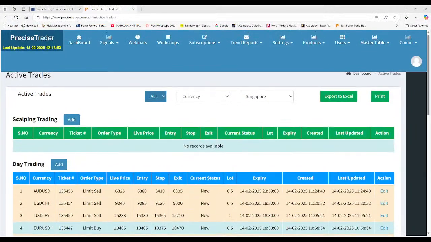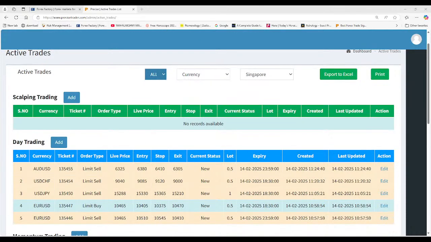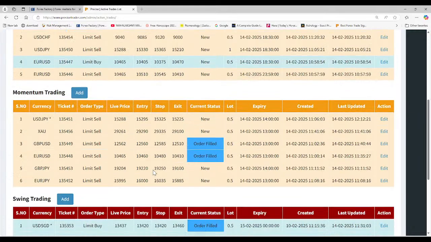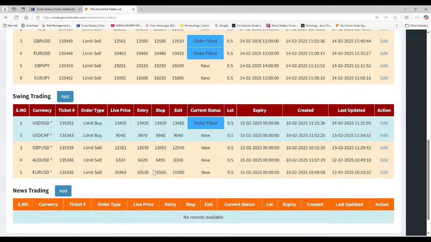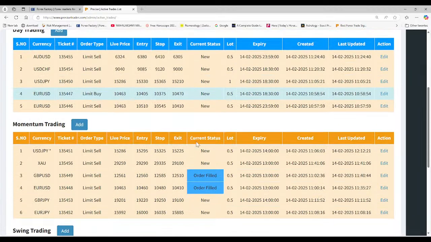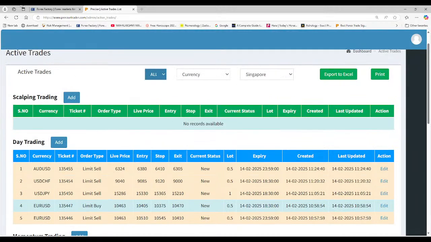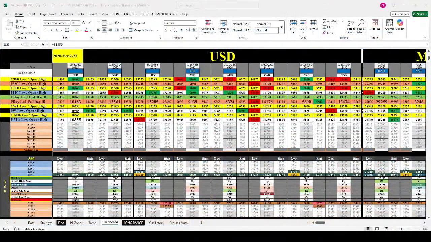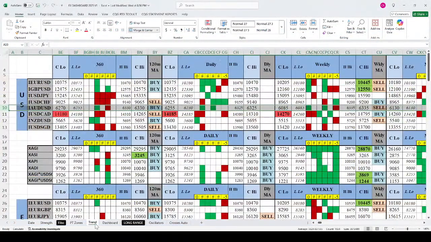So let's see. We are trying to sell at 63.80. We don't want to enter before that, and we also have 64.20, so I think that is fine. We should be trying to sell at 63.70 or 63.80. As of now, I think we are not very keen to go for a trade.